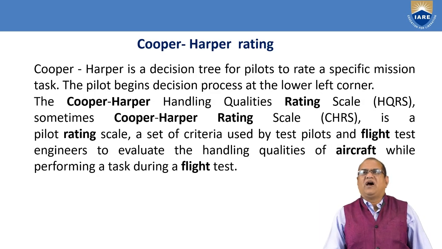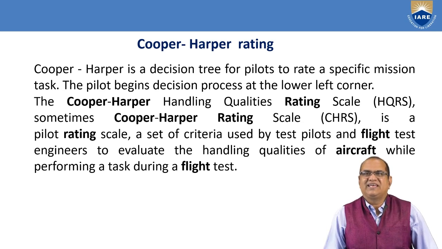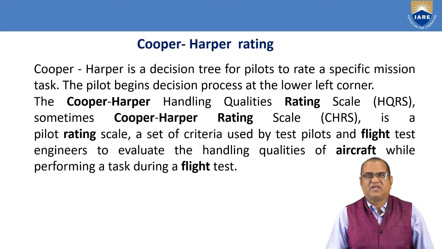Now, Cooper-Harper rating. The Cooper-Harper is a decision tree for the pilot to rate a specific mission task. The pilot begins the decision process at the lower left corner. The Cooper-Harper handling qualities rating scale is called HQRS.